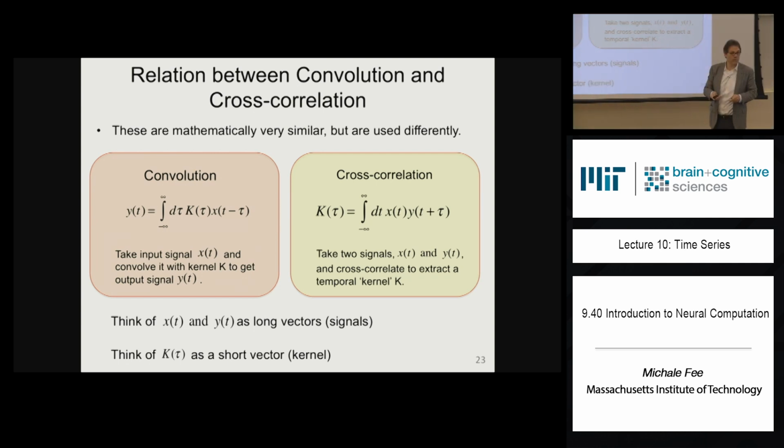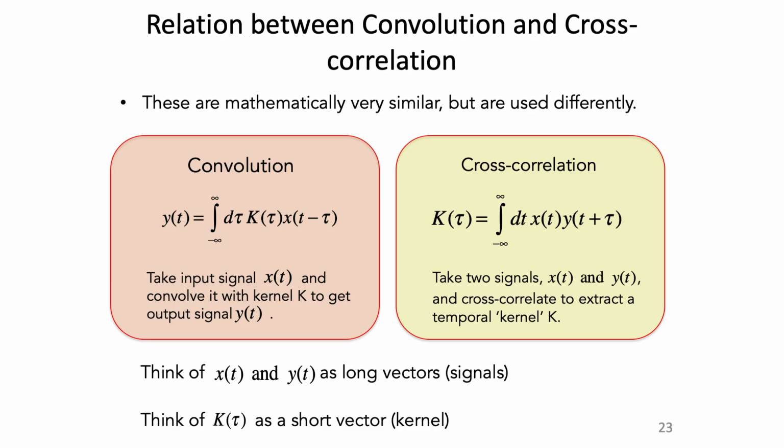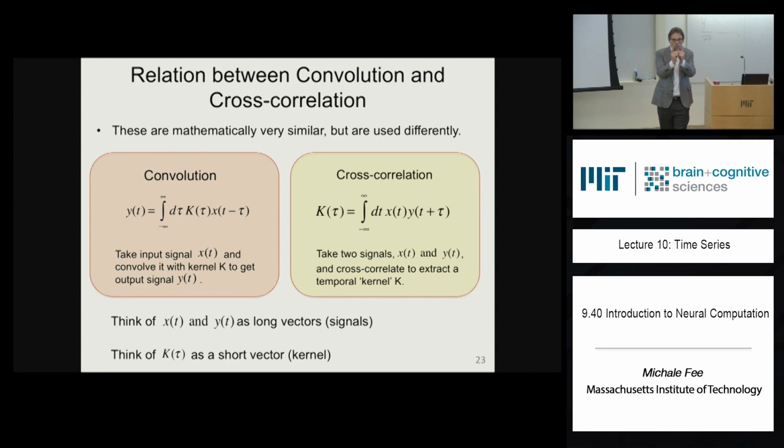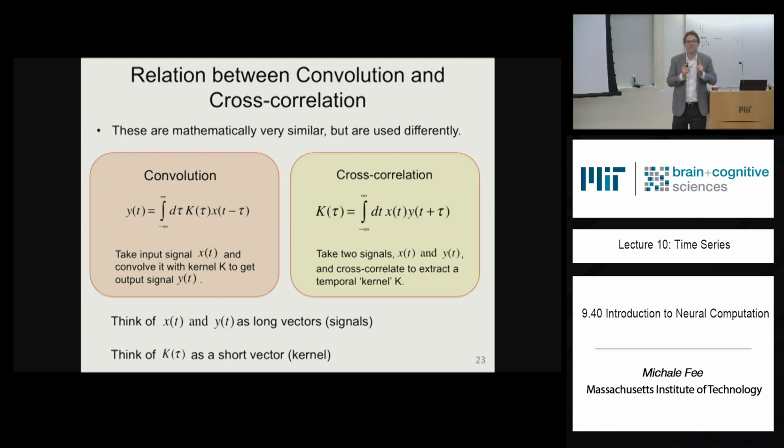Does that make sense? In cross correlation, we have two signals, x and y. X and y are the inputs, and we cross correlate them to extract a short signal that captures the temporal relation between x and y.